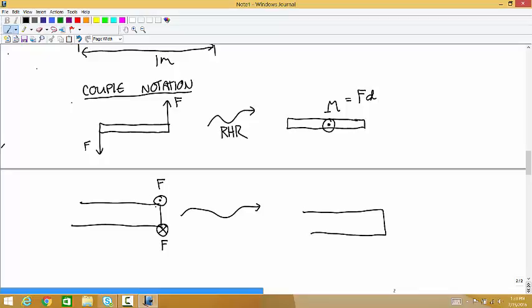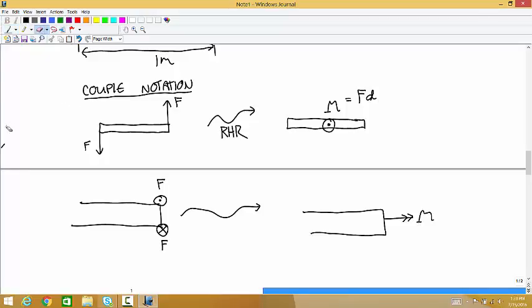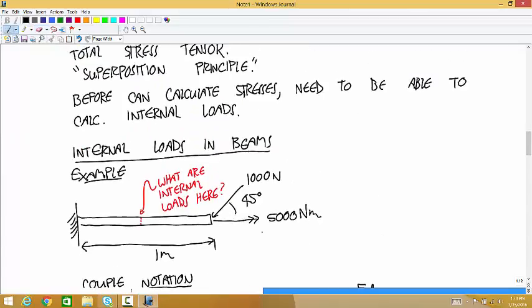And so you would write this as a moment with a double arrow pointing to the right. Okay, so when I say, like in this picture, that 5,000 newton meter moment pointing to the right, it means that there's a torque being applied to the end of this member that's tending to twist it like this.